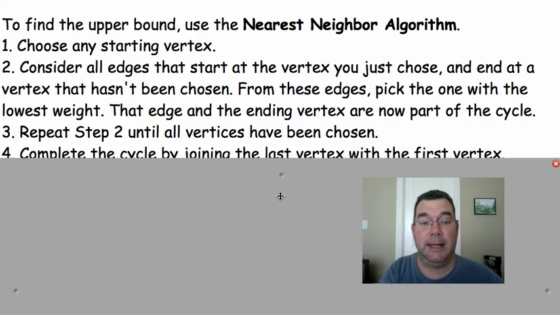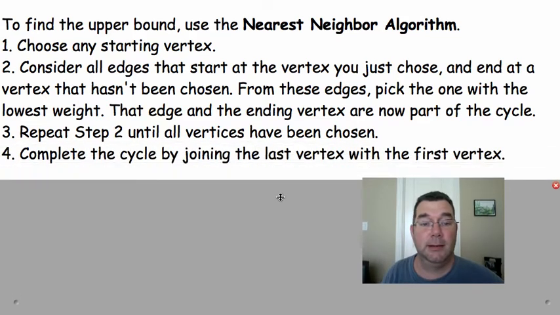Okay, and then you keep repeating until all vertices have been chosen, and then you complete the cycle by joining the last vertex with the first. So that's going to be an upper bound. Okay, it will definitely be a cycle. It may not be the best one though.